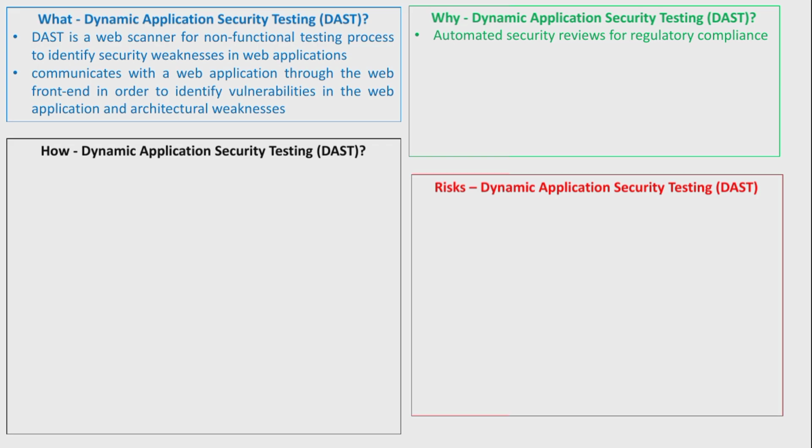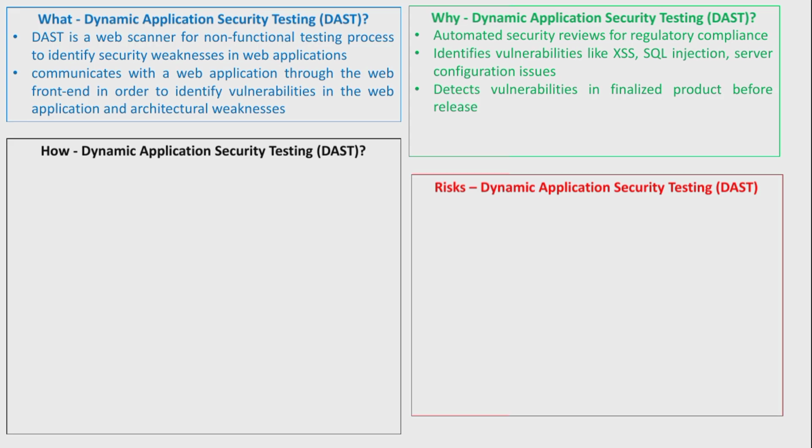Now, dynamic application security testing is important for regulatory compliance purposes. It also identifies various vulnerabilities, for example, cross-site scripting attacks, SQL injection attacks, and server configuration issues.